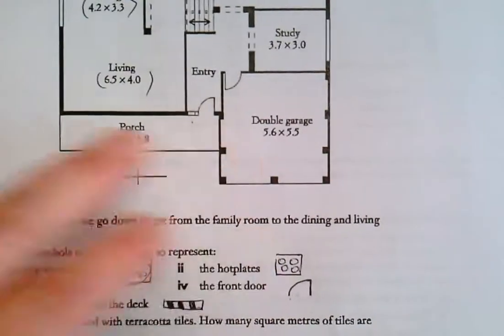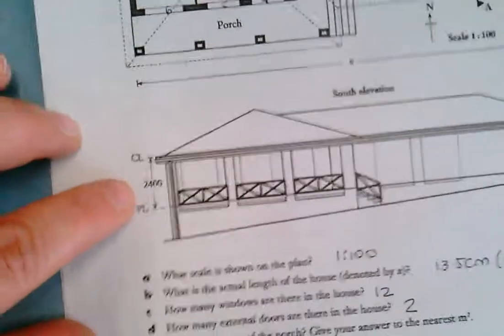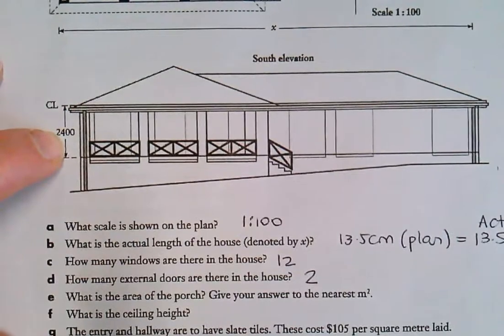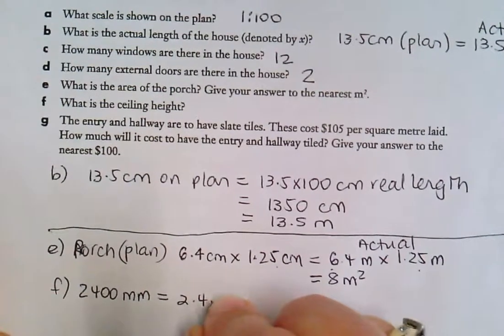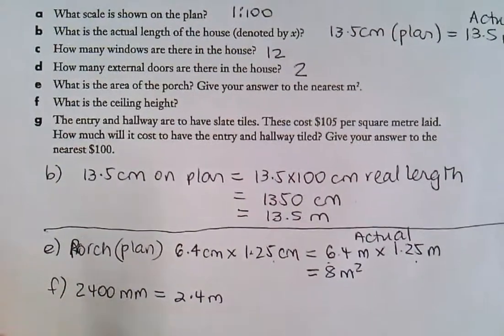If you see numbers like 2,400, it'll be in millimetres. Changing that to metres, you divide by 1,000, so it's 2.4 metres.